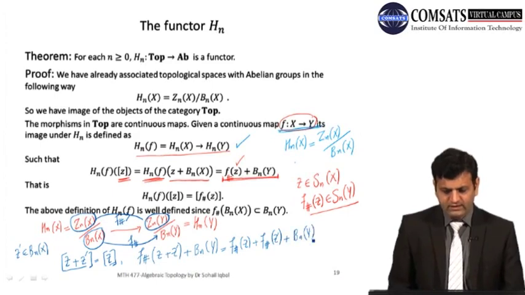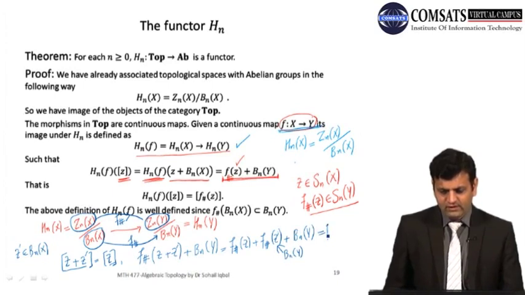Now, due to the fact that when I apply f hash on the elements of Bn(X), I get the elements of Bn(Y), this is an element of Bn(Y). So f hash of z and f hash of z plus z prime represent the same class, because this is an element of Bn(Y), so I can just write it as f hash of z plus Bn(Y). This implies that this Hn(f) is well defined.